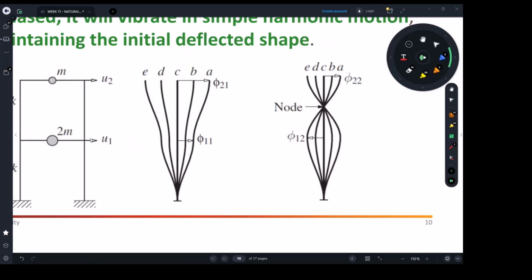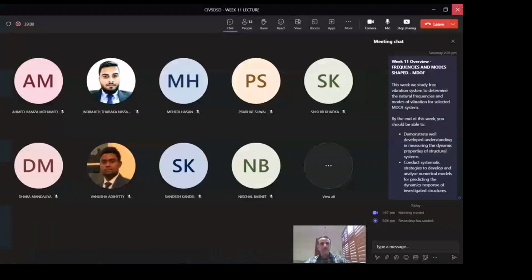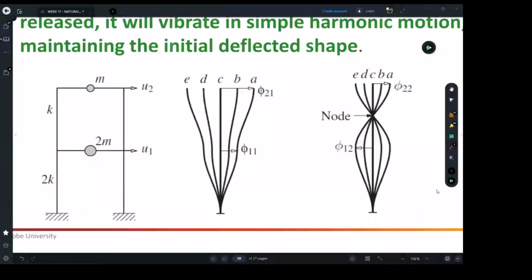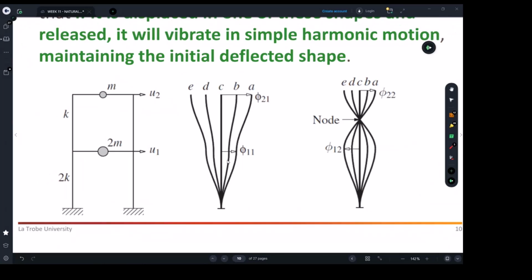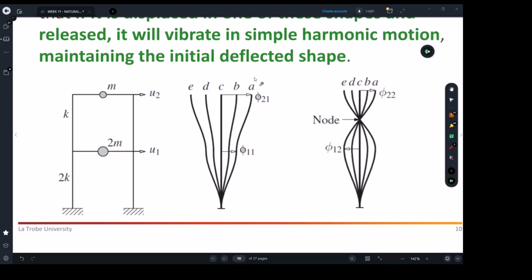Which shape do you think is easier to happen for this 2 degree of freedom structure?